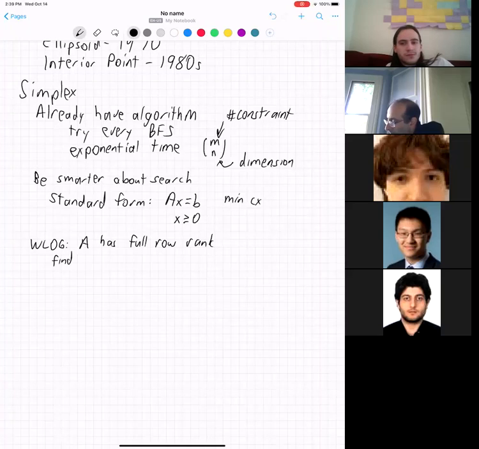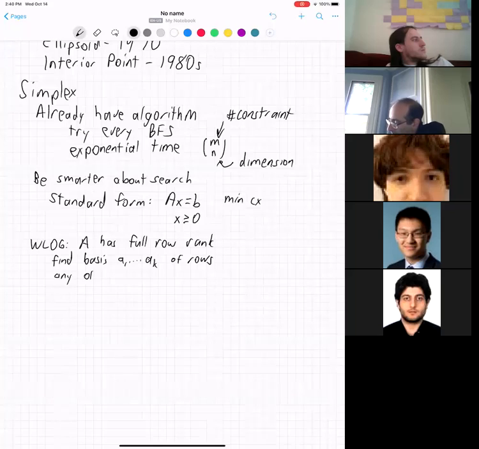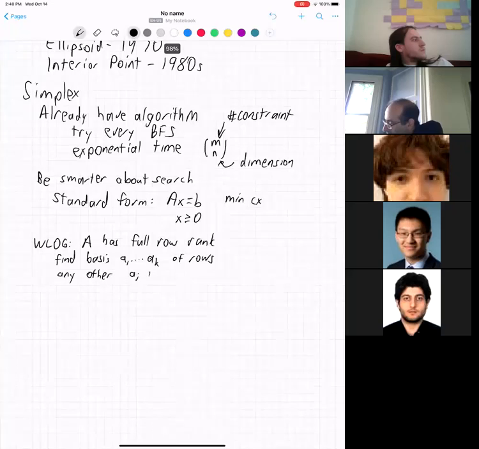What we'll do is we'll find a basis in the rows, A1 through AK of the rows. Note this might not be the same as the dimension of the problem because we have all of the x greater than or equal to 0 constraints as well. And by definition, any other Aj is a linear combination of them.